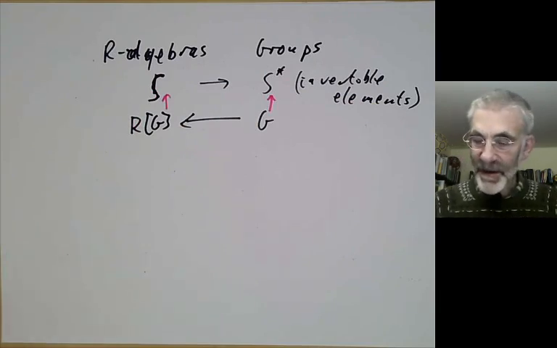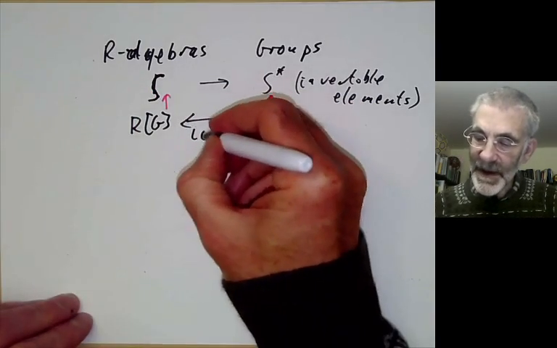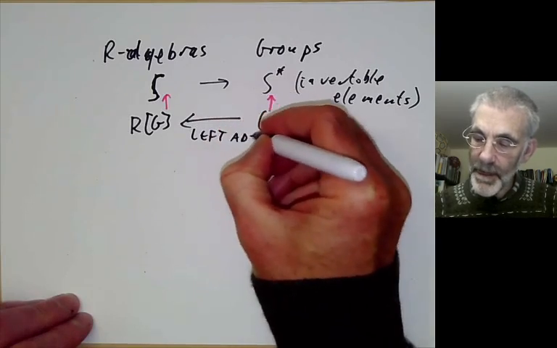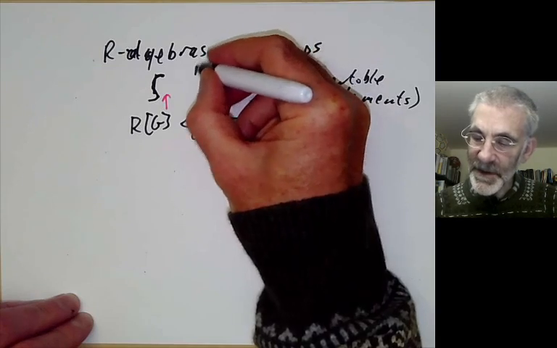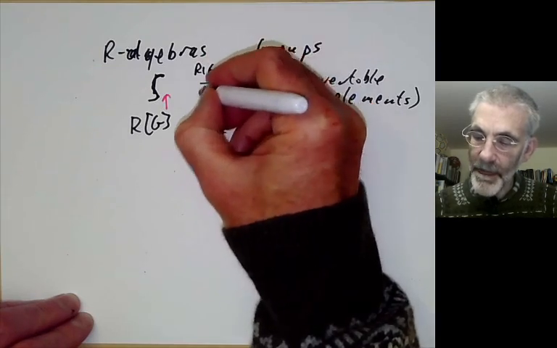So we can think of this functor as a sort of left adjoint to this forgetful functor, which is the right adjoint functor.